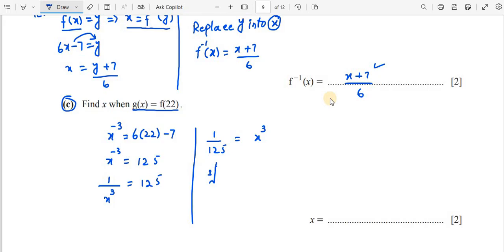Cube root of 1 over 125 is equal to cube root of x raised to the power 3. x raised to the power 3 cancels with the cube root. So cube root of 1 over 125 is equal to 1 by 5, which is equal to x. So the value of x is 1 by 5.